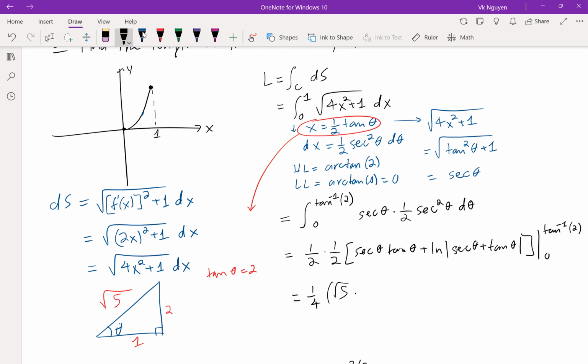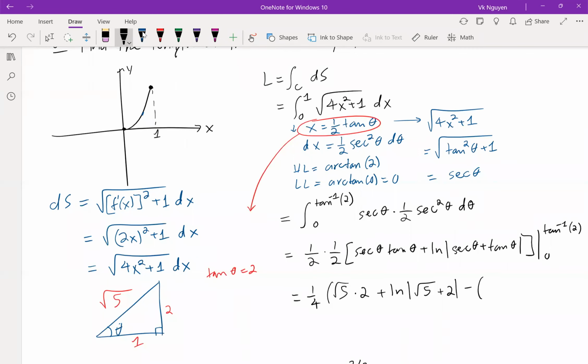Tangent of arctangent 2 is 2. ln, secant of the angle root 5, tangent of arctangent 2.